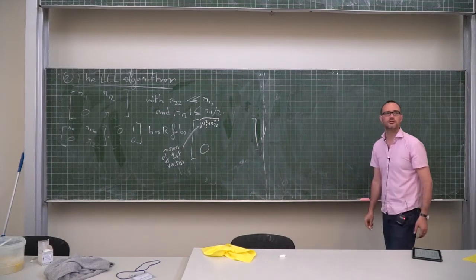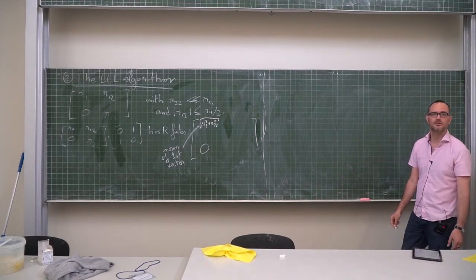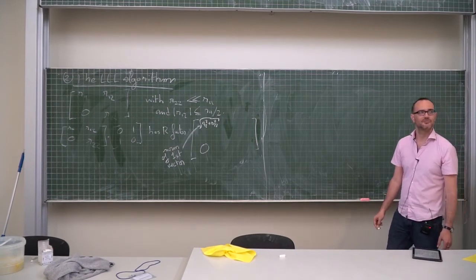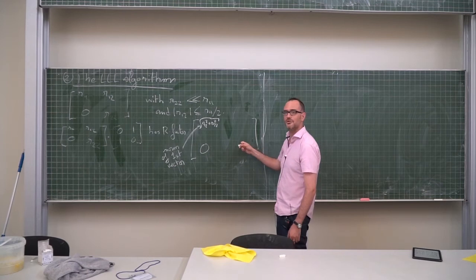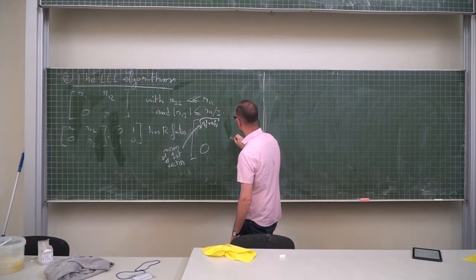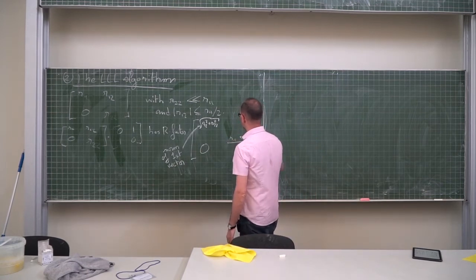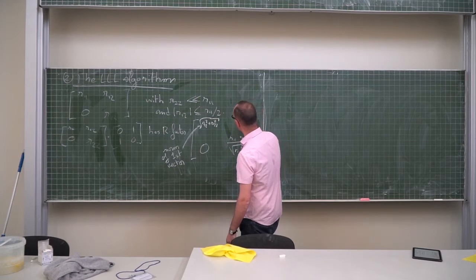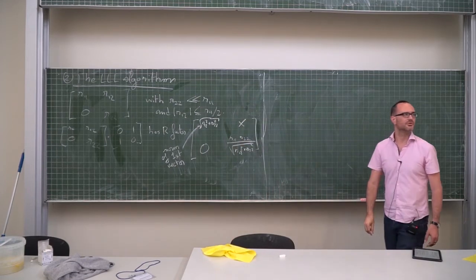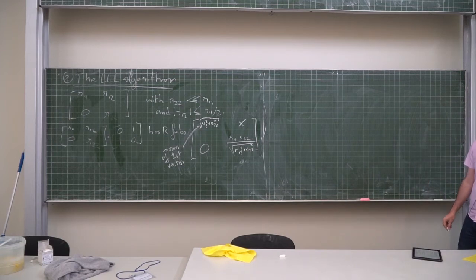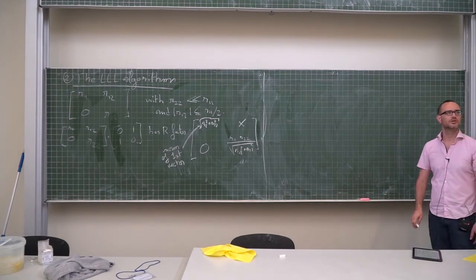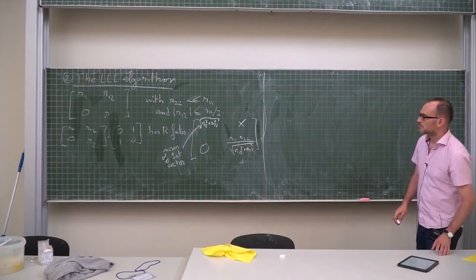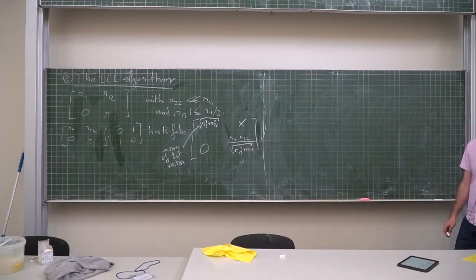Okay, so that's one coefficient. There is another one which is easy to compute. The determinant is constant. So I know this one easily. It's R11 R22 divided by the square root of R12 squared plus R22 squared. And then whatever. Here there is something, I don't care about it. I can make it smaller than the first diagonal coefficient by size reduction anyway. I'm only interested in the diagonal coefficients here.